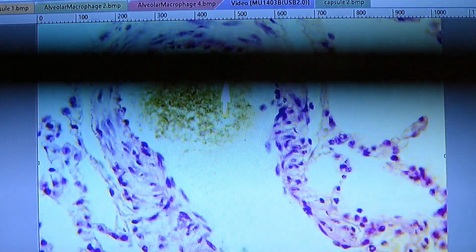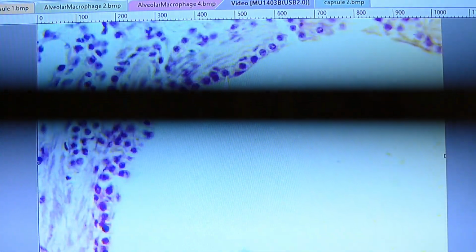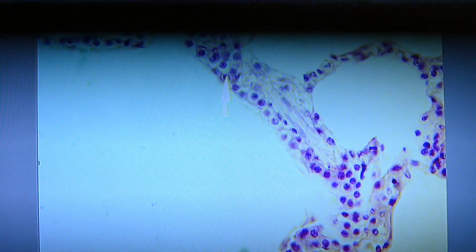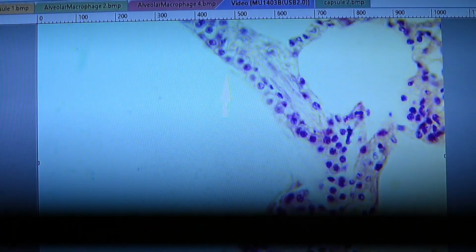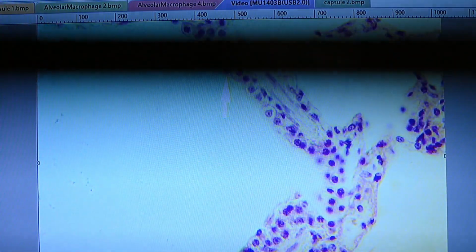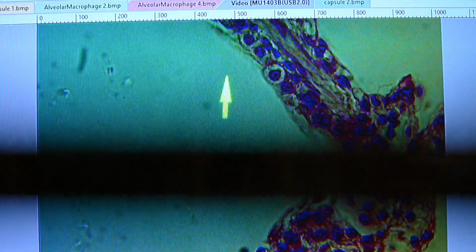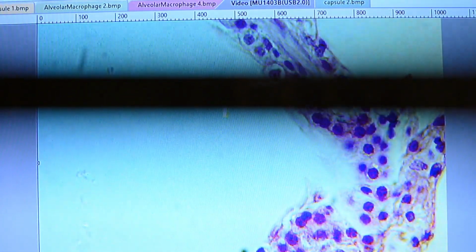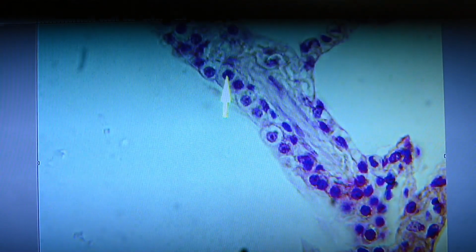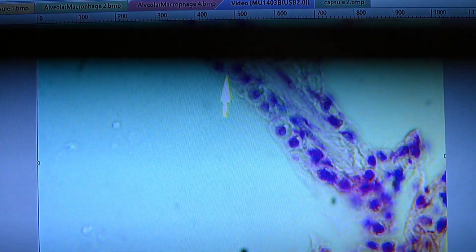Up here, down here, this is the wall of that artery we were just looking at. More simple cuboidal epithelium all around this. And here are some Clara cells with the rounded tops right up here. So here are some Clara cells.